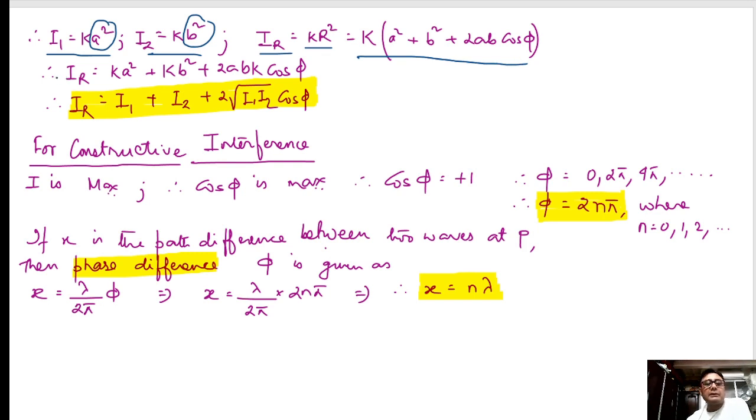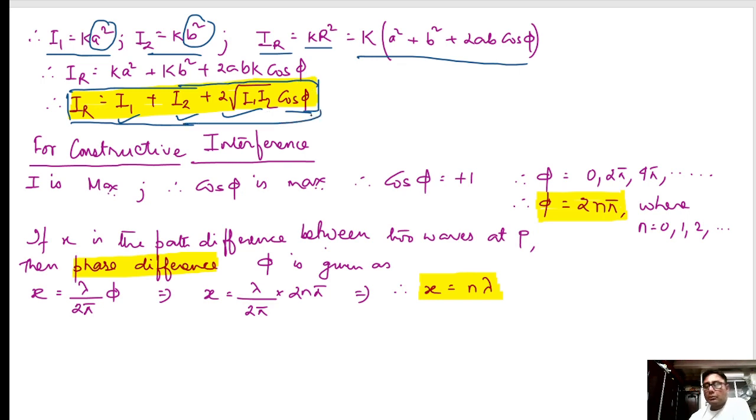So the resultant intensity will be Ka square plus Kb square plus 2ab k cos phi. Ka square is I1, this is I2, and this is root I1 I2 cos phi. This is the most important formula of the resultant intensity of the superposition of the two waves.